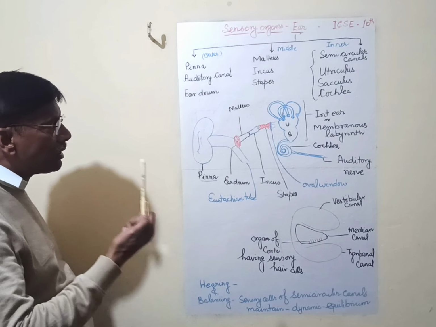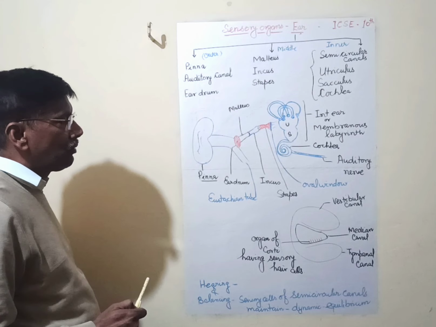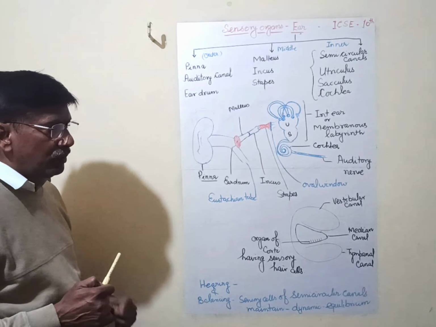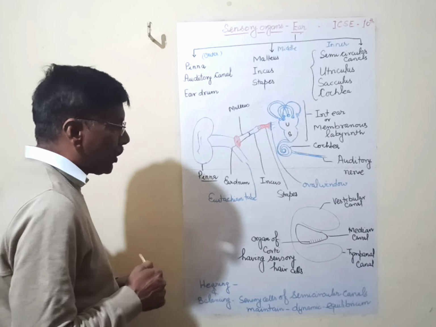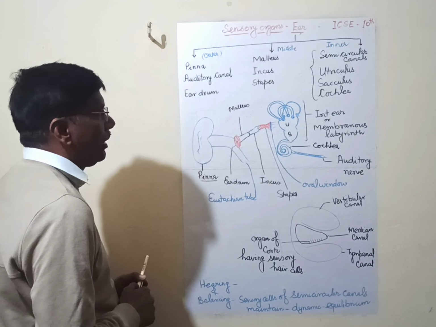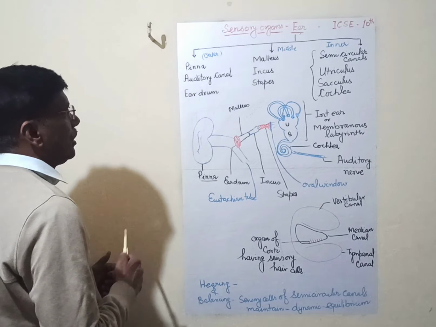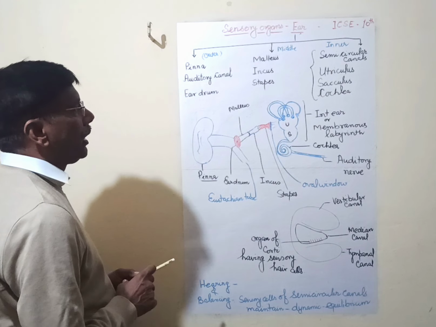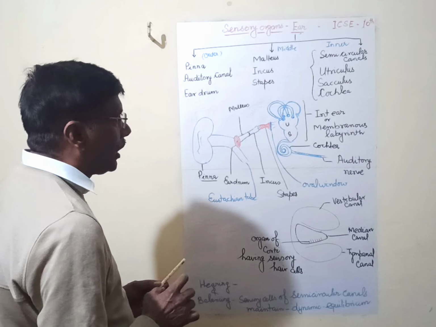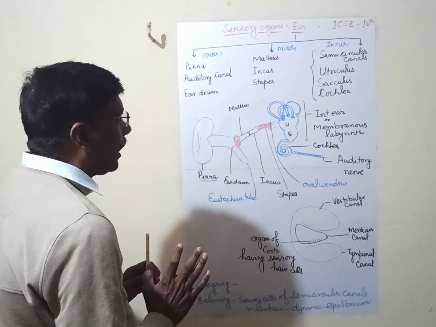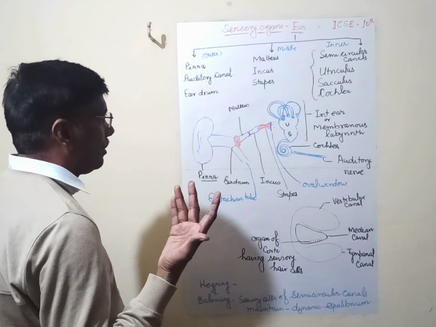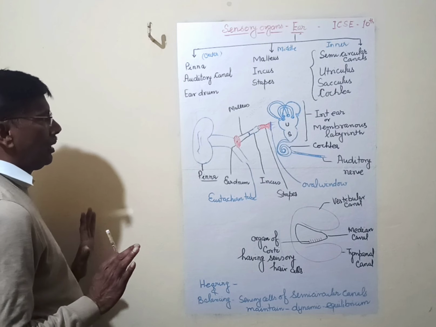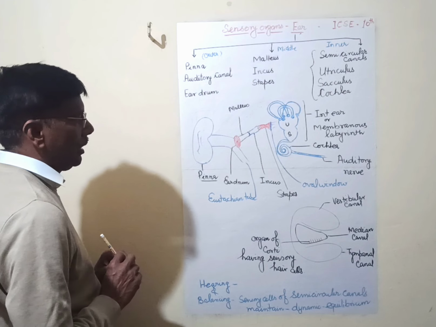Dynamic equilibrium means balance while we are moving, when we are in motion. So this is all about the ear for class 10. Once more I repeat, it is only for class 10. For class 11 it is a little bit enlarged.